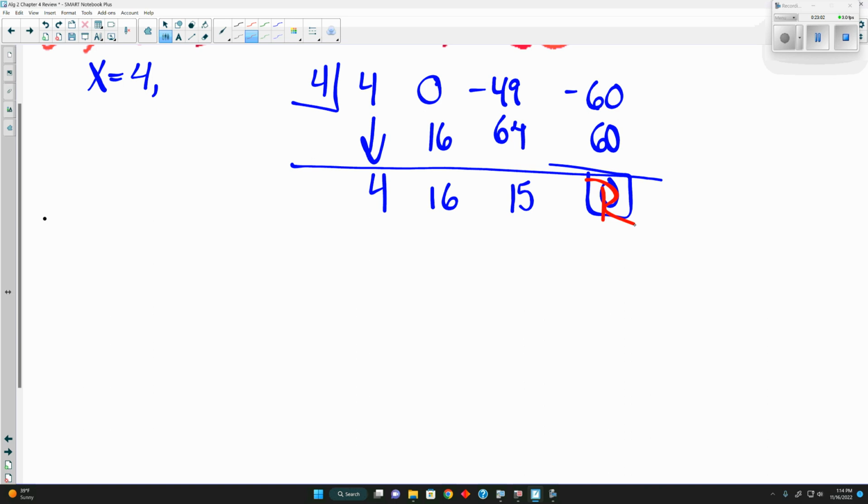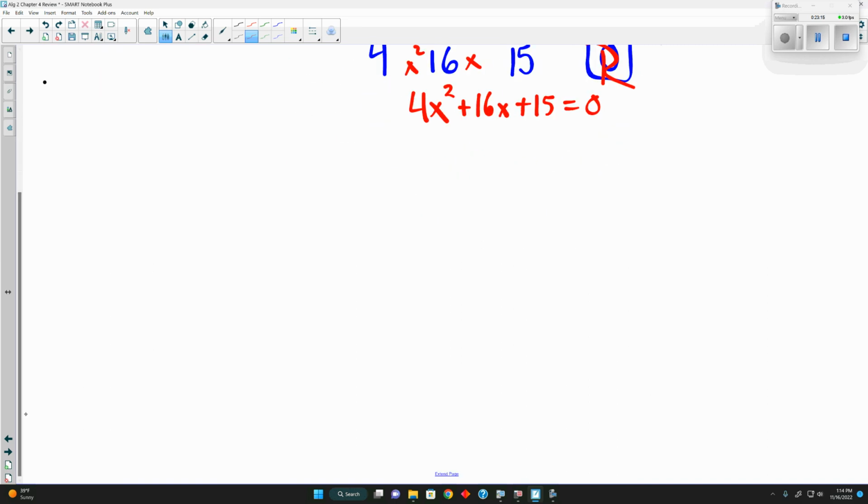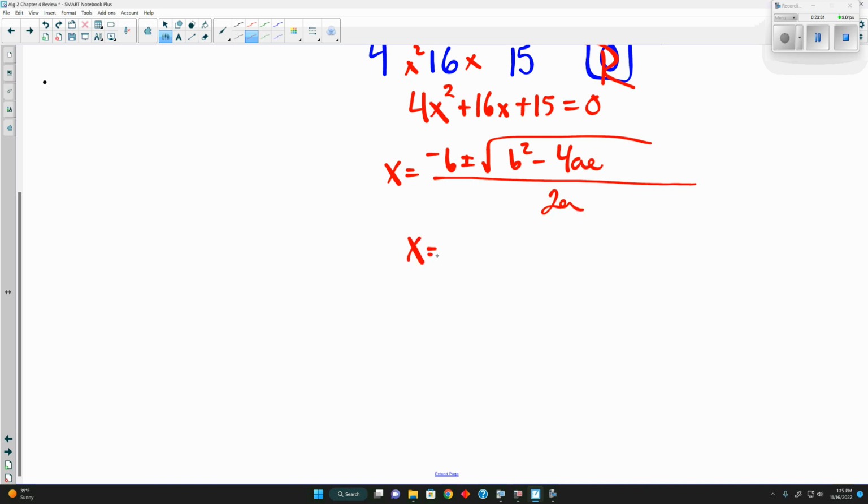This is our remainder, our term without x, our term with x, and our term with x squared. At this point here, we do need to solve this quadratic because we didn't have any other solutions. So we have our negative b plus or minus the square root of b squared minus 4ac all over 2a.